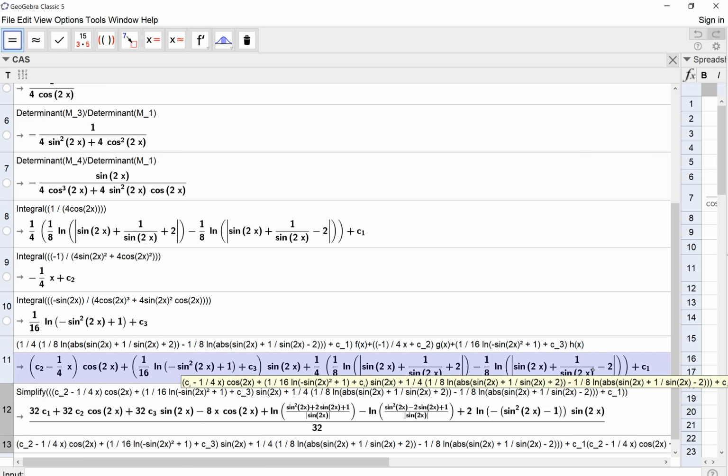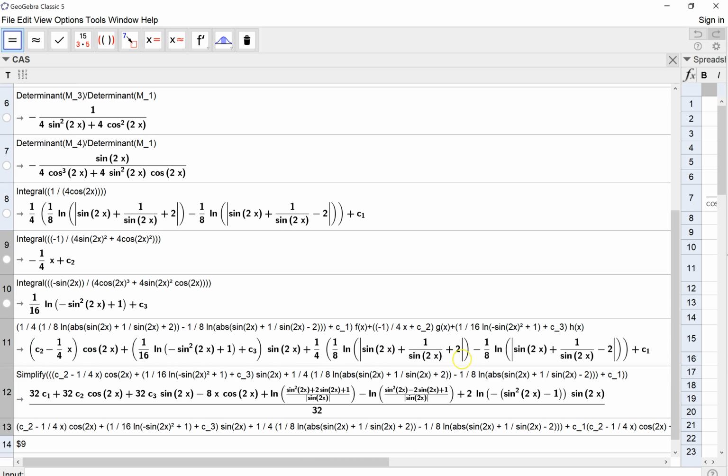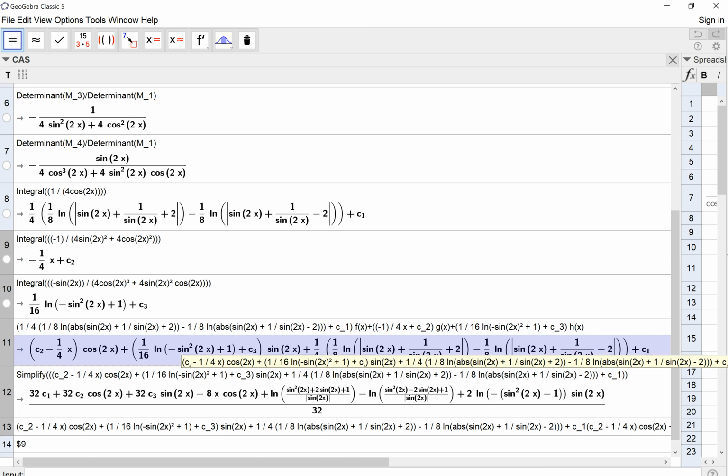You can see here this is our u2 times our cosine of 2x. This was our u3 times the sine of 2x. And then this one over here was our u1 times 1. So you could just write that out and not have to worry about going through all that simplifying that we did.